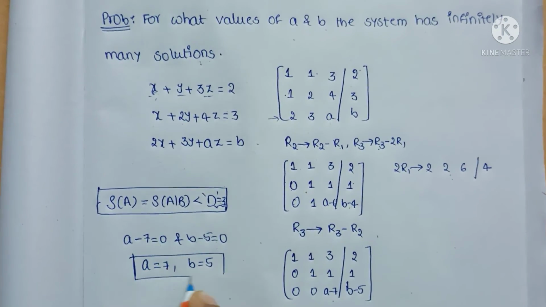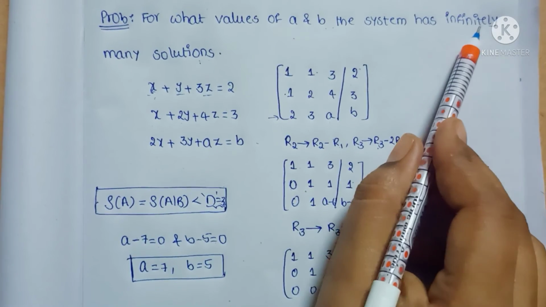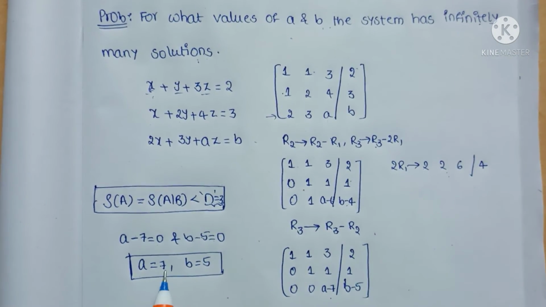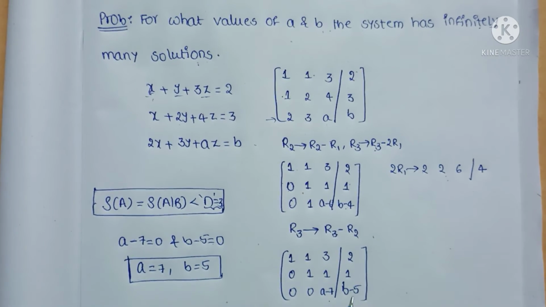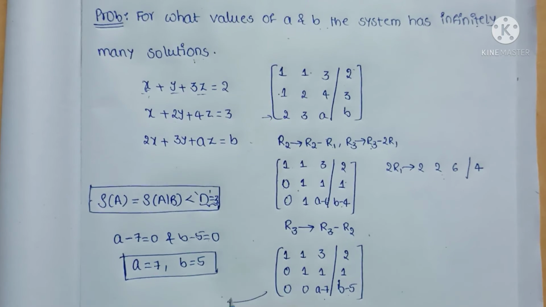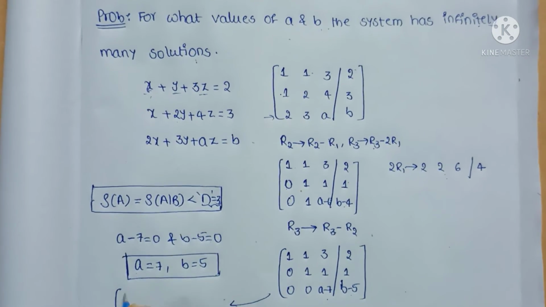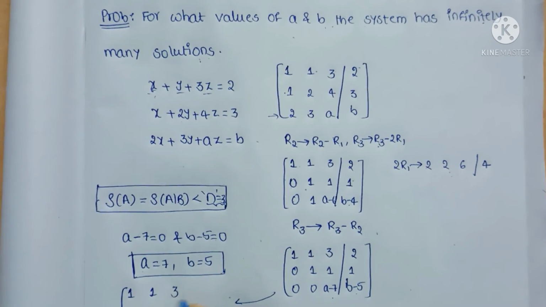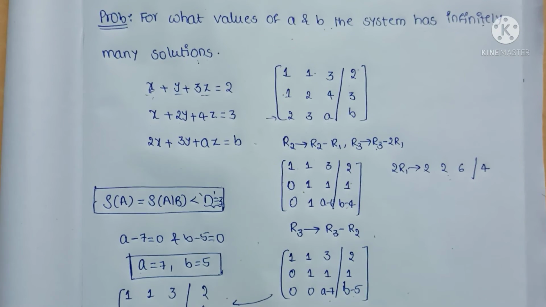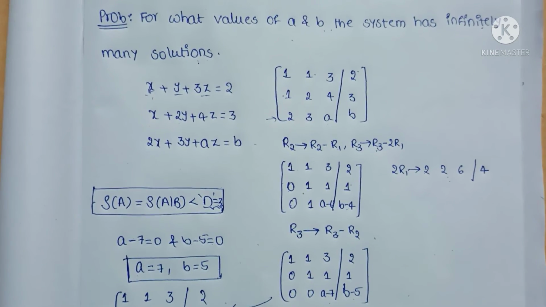They are asking for what values of a and b the system has infinitely many solutions. If we substitute a equal to 7 and b equal to 5 in this matrix, we get 1, 1, 3, 2, then 0, 1, 1, 1, and then 0, 0, 7 minus 7 is 0, and 5 minus 5 is 0.